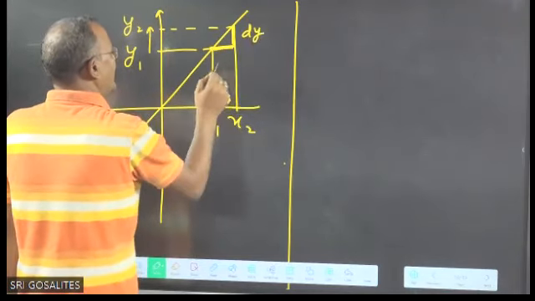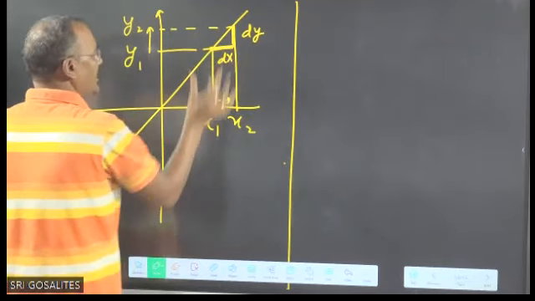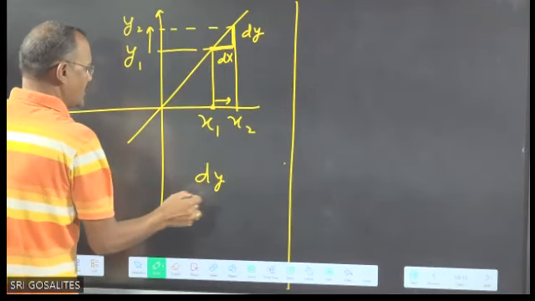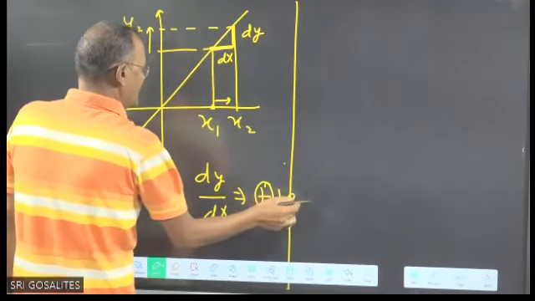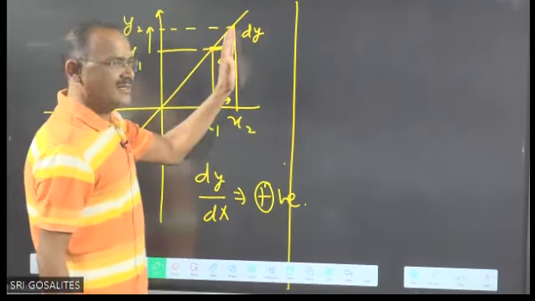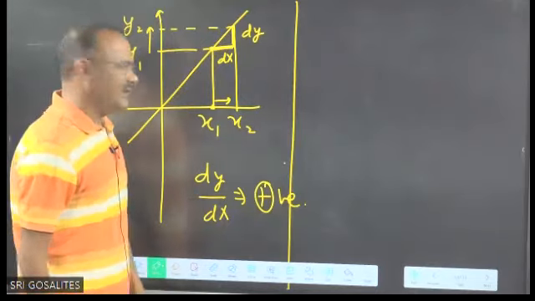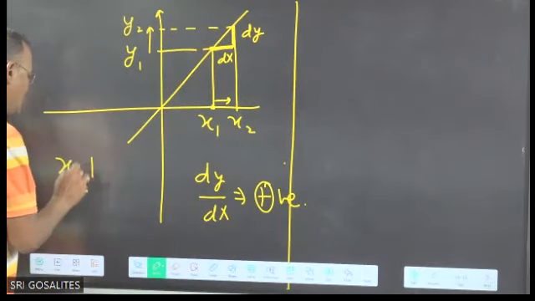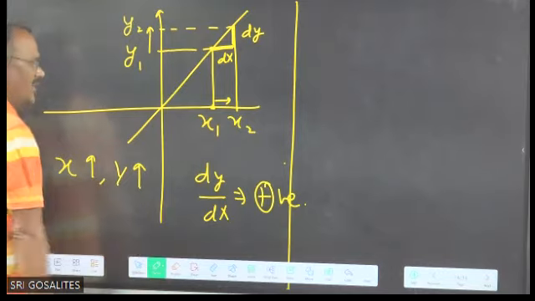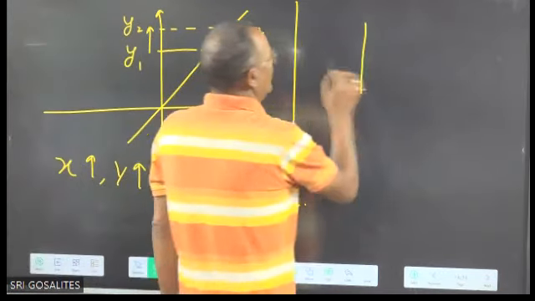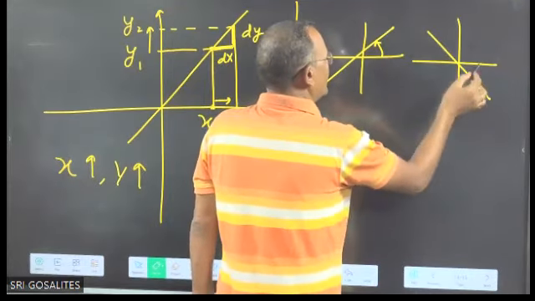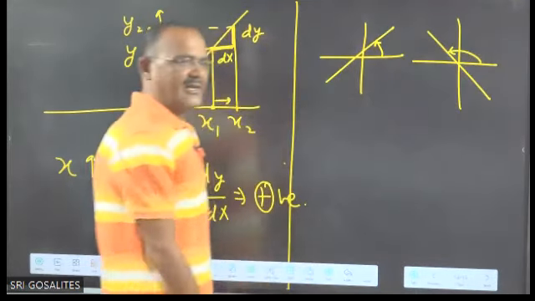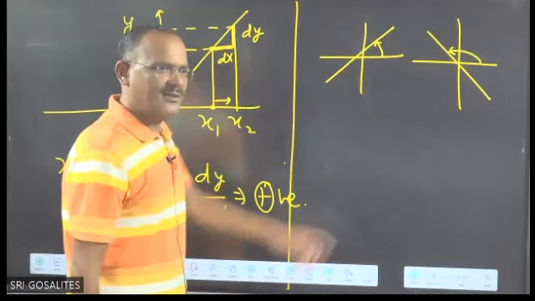This is like dy when I change the x by dx. So dy upon dx is positive, because on increasing the x, y is also increasing. So for this line, slope is positive, and for this line, slope is negative. Understand? Copy it.